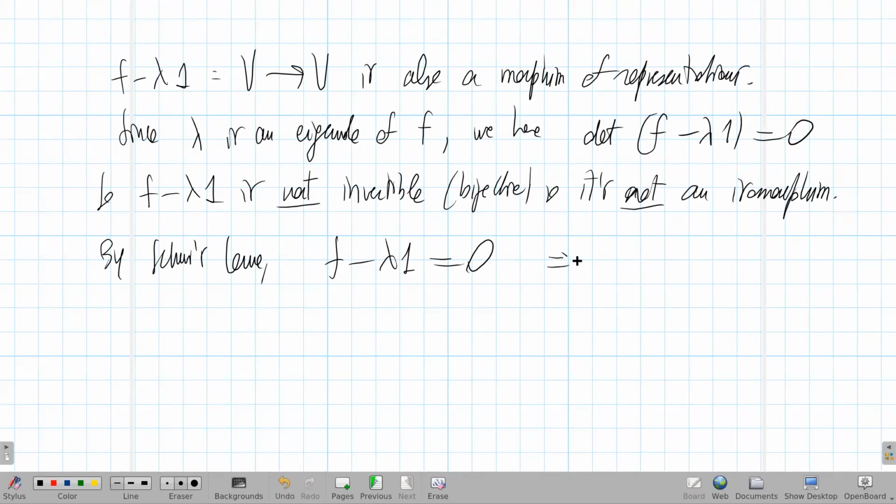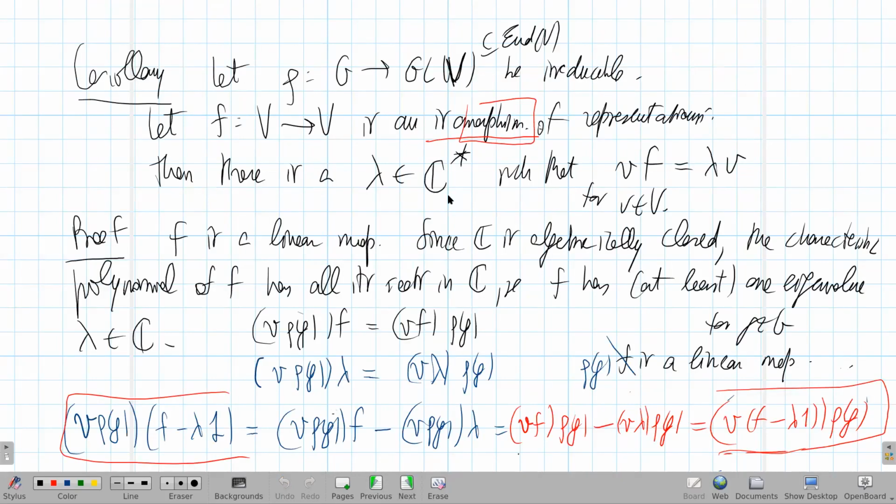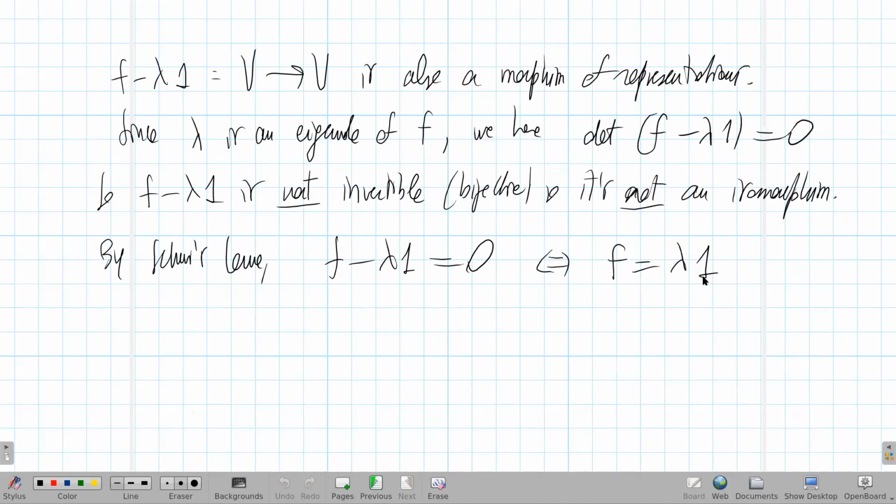And so you see, this is exactly equivalent to saying that F is scalar multiplication by lambda, which is the claim we had, okay? There is a lambda such that vF is equal to lambda v, for v in V. And this lambda, you see, is an eigenvalue.